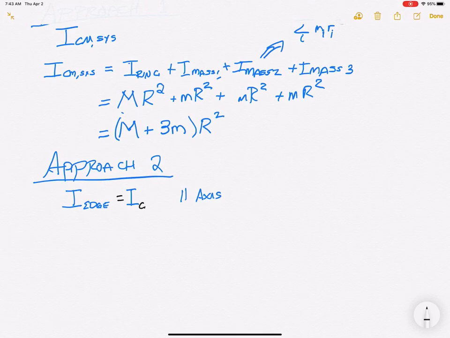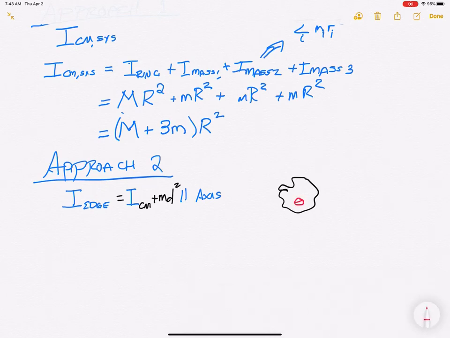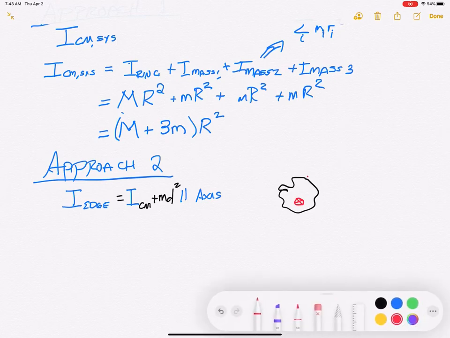of our center of mass plus md squared, where you'll recall that if I know the center of mass is located here, but my, getting my symbols mixed up, sorry about that.